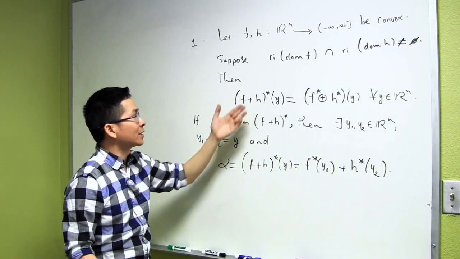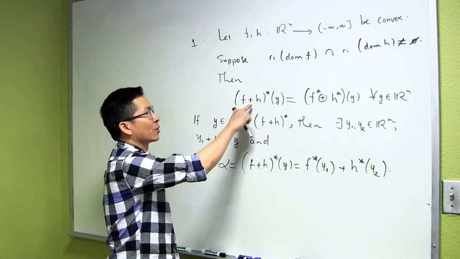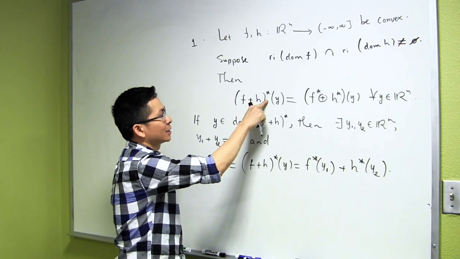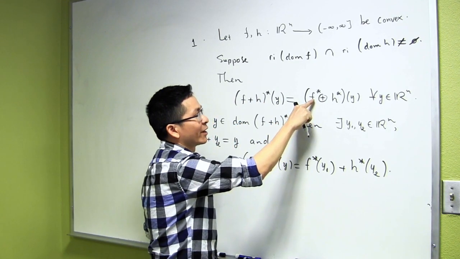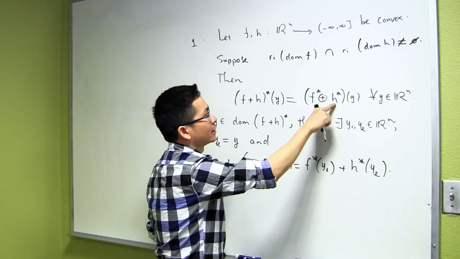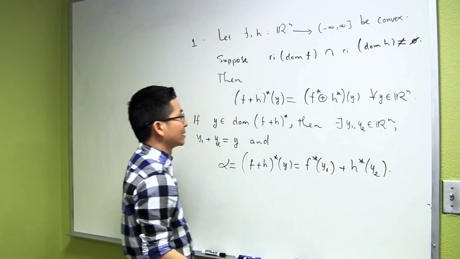We get this nice Fenchel conjugate sum rule. That means the Fenchel conjugate of f plus h at y is equal to the infimal convolution of the Fenchel conjugate of f and the Fenchel conjugate of h at y for all y in Rn.